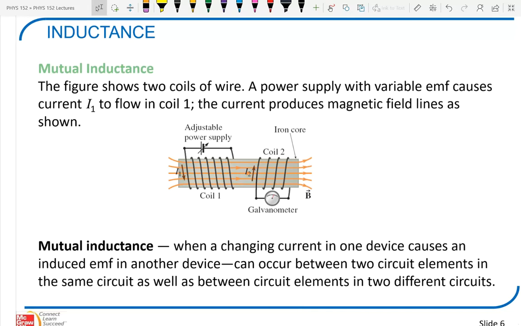A mutual inductor, you have the coil here that makes a magnetic field, and then you put another coil up here that's going to have the same flux as this coil. And so this coil makes a magnetic field. This one feels the changing magnetic field and responds to it. So that's what a transformer is.